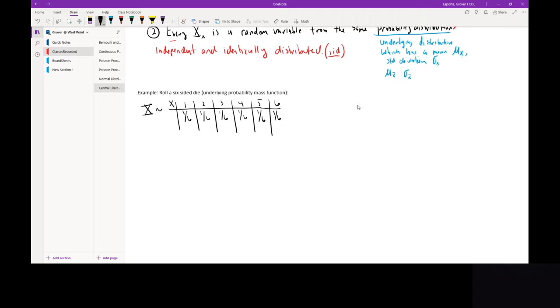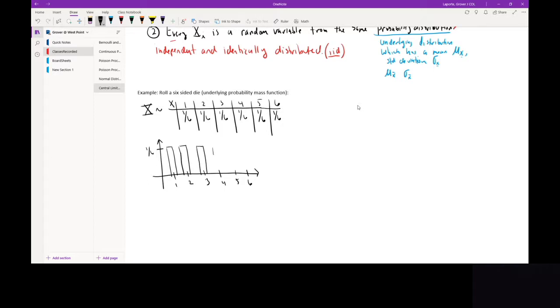What does that look like pictorially? This is a pretty simple one to draw. If I have 1 through 6, and a probability of 1/6 here, it looks a lot like the uniform distribution, where I have a 1/6 probability for each one of these.